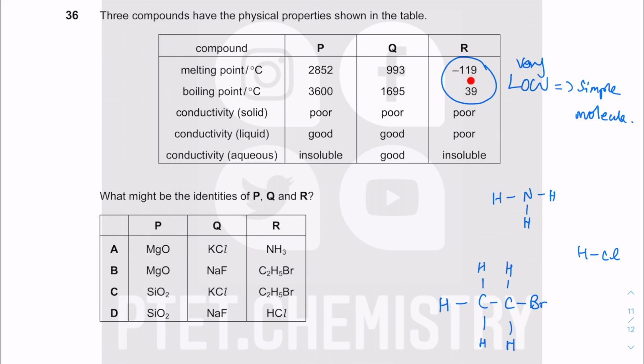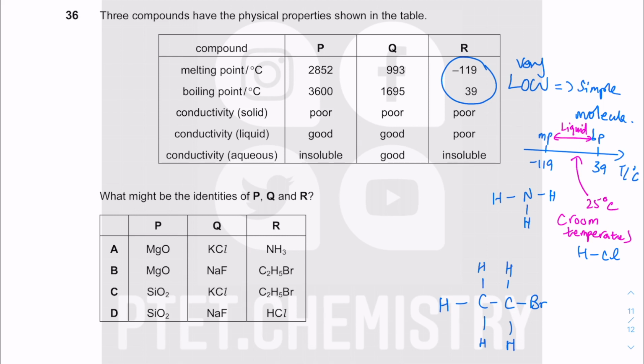This is minus 119 and this is 39. So if I have a number scale, maybe I can do it here. I have minus 119, which is the melting point, and I have 39, which is the boiling point. So if I have 25 degrees Celsius, which is what you call room temperature, that is the region where it will be liquid.